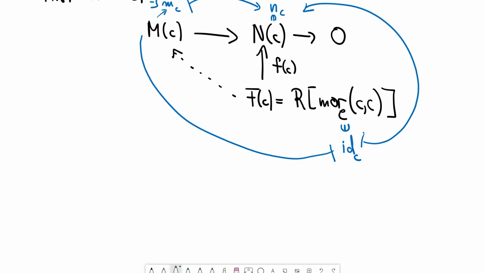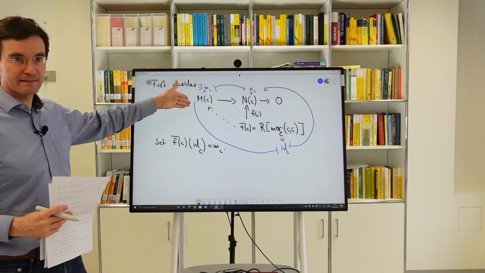So set, that's a definition, F bar of C, that's an R module map, and this R module map should map the identity to MC. Definitely F bar has to satisfy that.